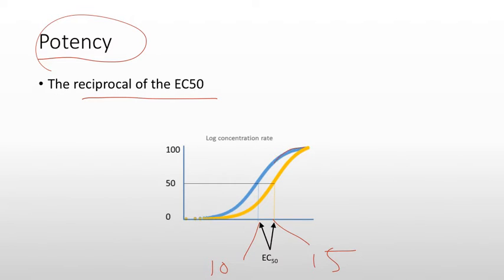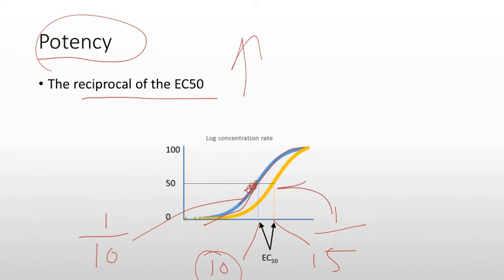Well, we can see that you get that EC50 much earlier with this first blue drug, and so it has a higher potency. It reaches that at a lower value, so we would say that the potency is equal to 1 over 10 for this one, and it is equal to 1 over 15, or a much lower number, for the second drug.